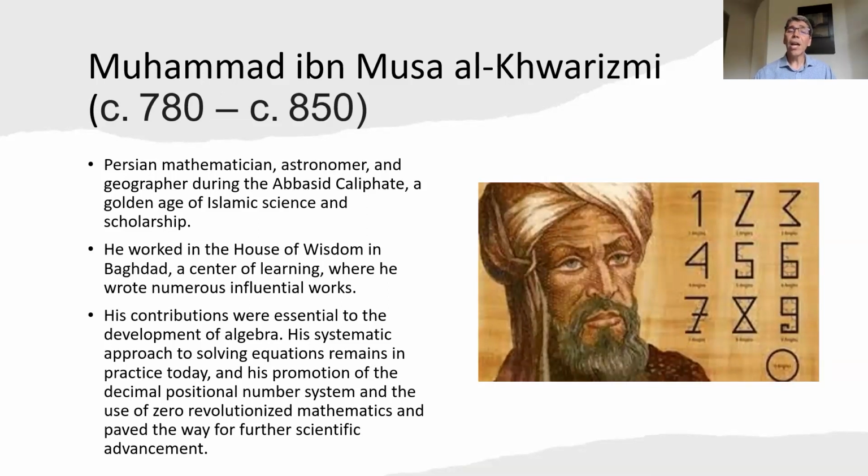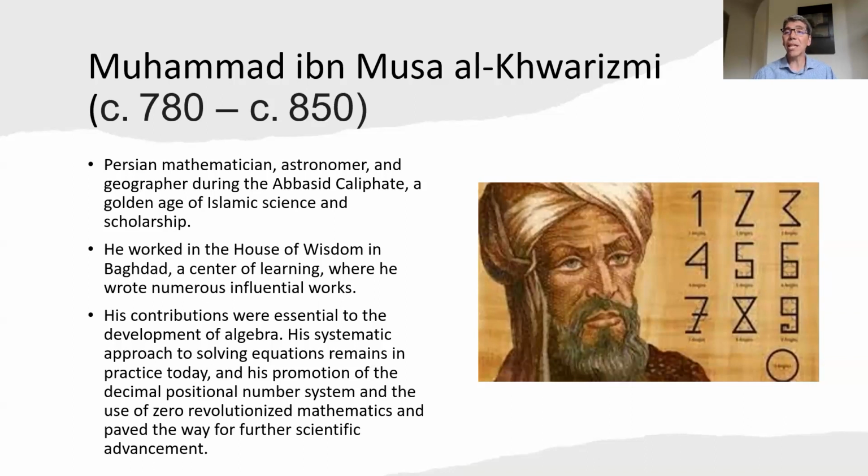So one of the greatest mathematicians of this period is Al-Khwarizmi. I hope that I'm pronouncing that closely right. But he was a Persian mathematician, astronomer, geographer. He lived in the Abbasid Caliphate.